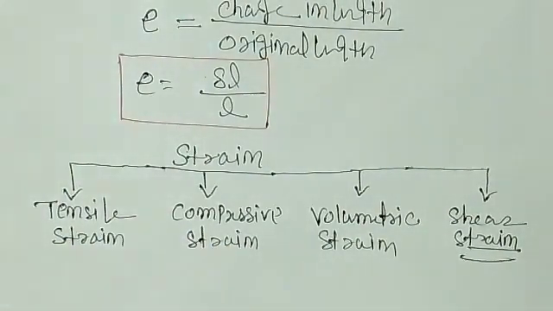Tensile means what? When you pull the body, because of that pulling there is an increase in length. And when you push the body, because of the pushing there is a decrease in length. So tensile strain is the increase in length to the original length of the body. Compressive strain is the decrease in length to the original length. Volumetric is the change in volume to the original volume.